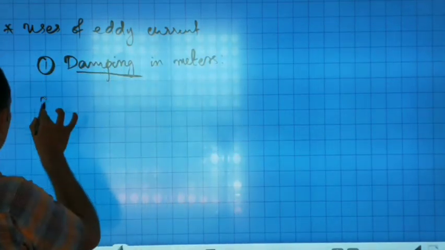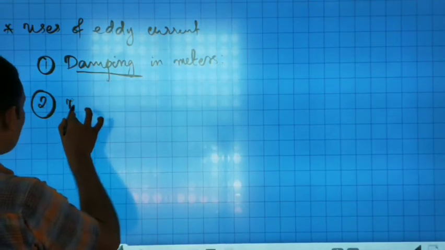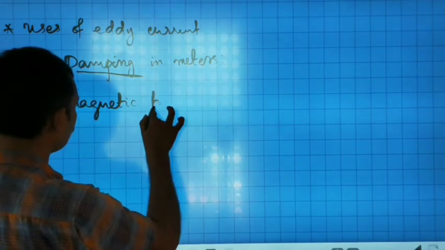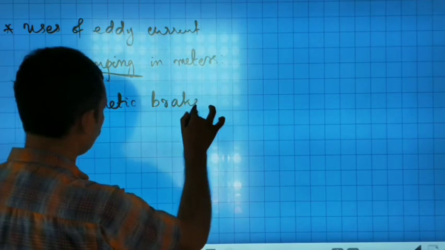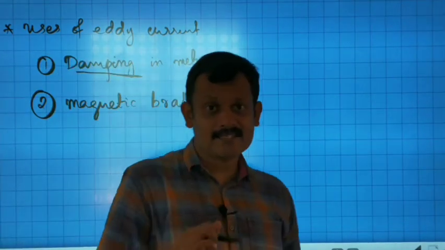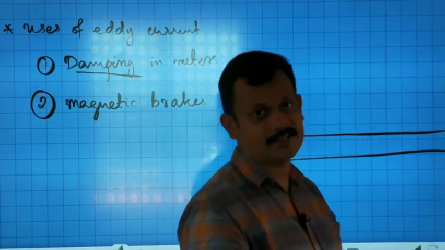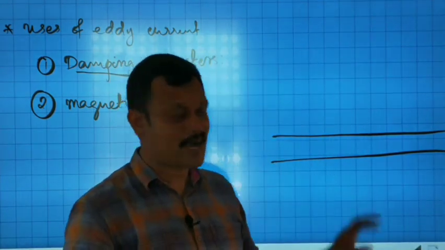The second application is magnetic braking. Let me tell you about magnetic brakes in trains. The rails are conductors.